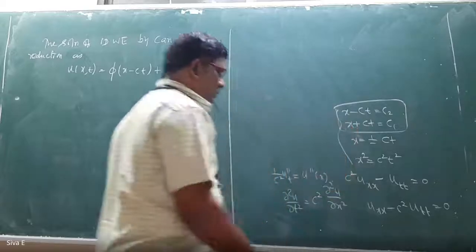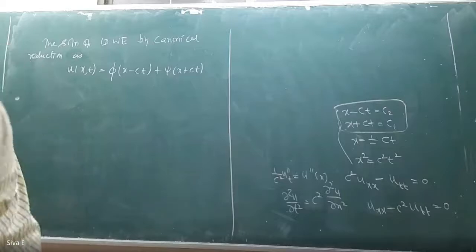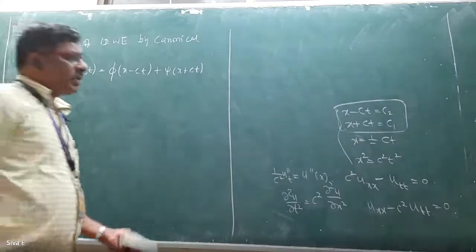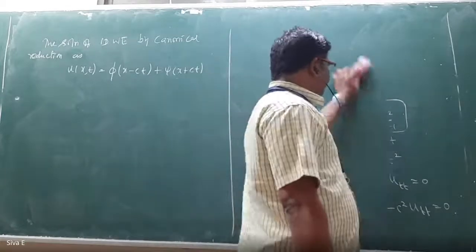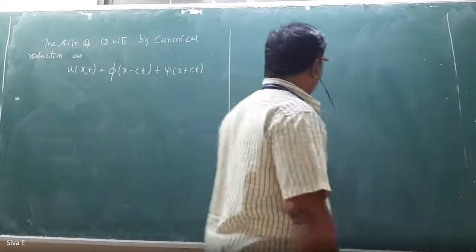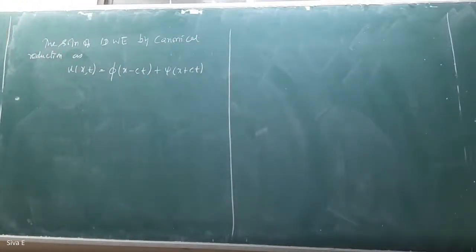I'm not able to tell the exact solution for this, but this is the procedure why they are considering x minus ct and x plus ct. Okay, no need to write this. Here, this is the canonical reduction format. That means the solution of the one-dimensional wave equation.